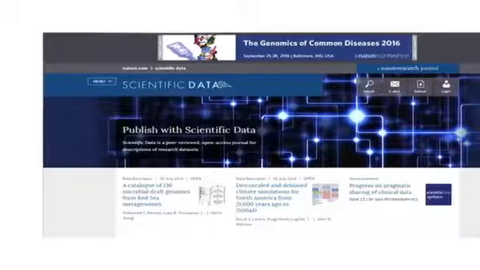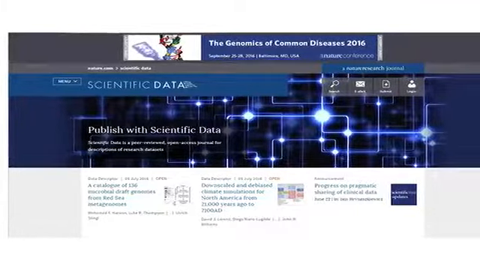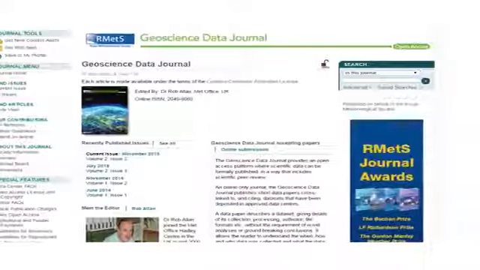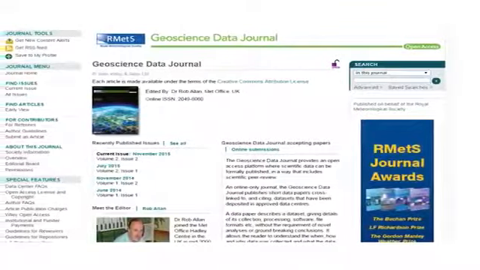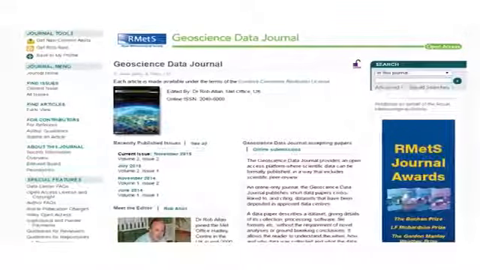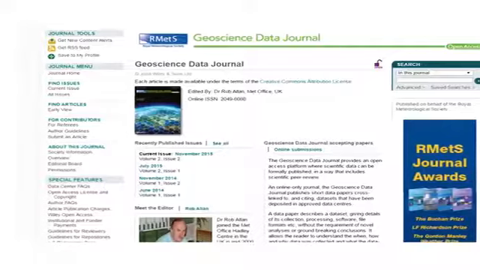So data journals also came into being during the last 15 or so years, and as we can see, Scientific Data is an example of such a journal. We also have the Geoscience Data Journal that publishes primary data rather than research articles as we know them.